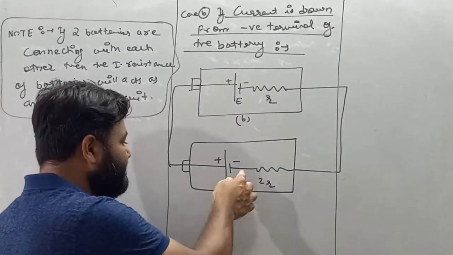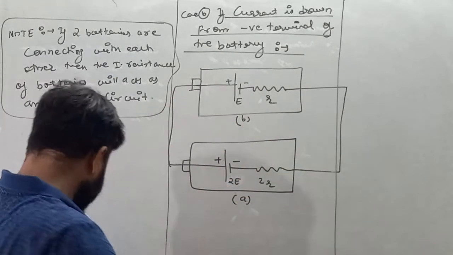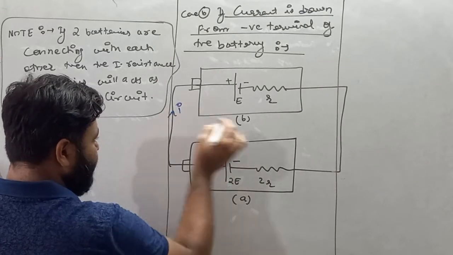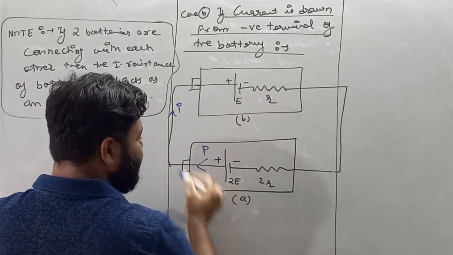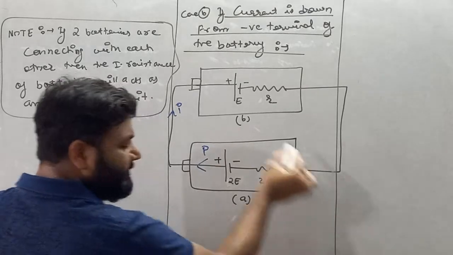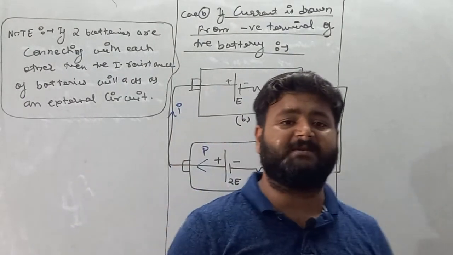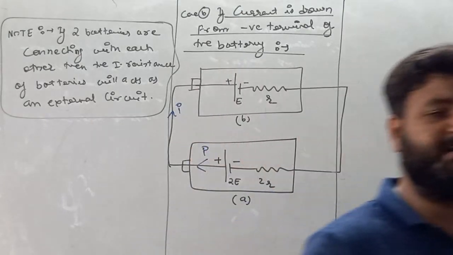So it is but obvious, current starts flowing like this. Let's suppose current I is flowing, and remember this resistor will act as external circuit for this battery, because any battery carries two things, one is terminal and second is internal resistance.